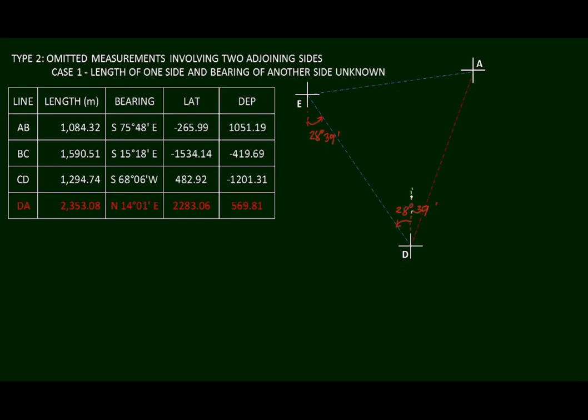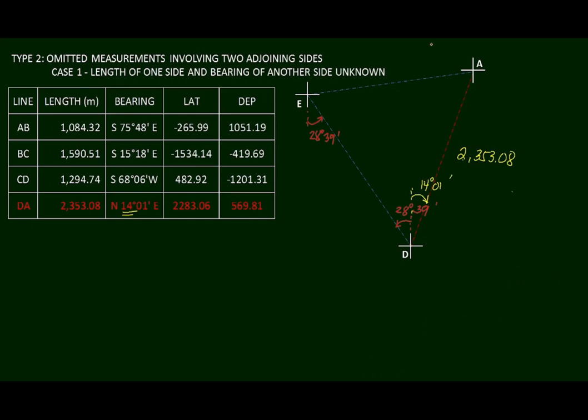So from D to A. And nasolve natin siya as 14 degrees 1 minute. Okay, that is northeast from D to A. And nasolve din natin yung length ni DA. Yung line na to, yung kulay red, ang kanyang length ay 2,353.08.